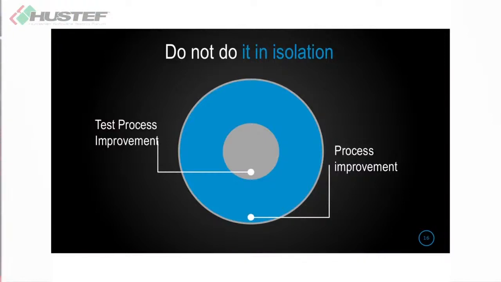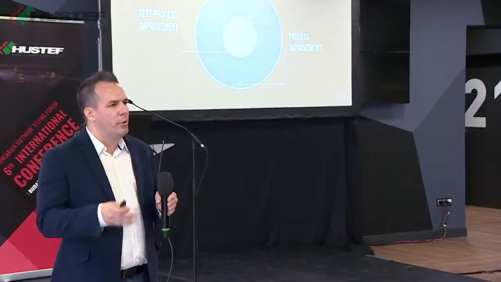My first proposal: don't do it in isolation. Why? Because you shouldn't and can't do test process improvement in isolation. Rather, you should do it as part of a process improvement and generic improvement initiative.